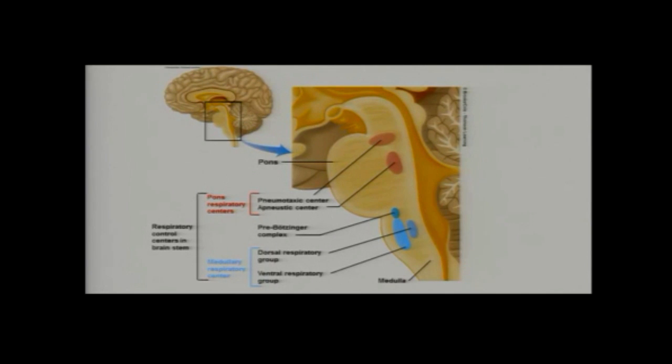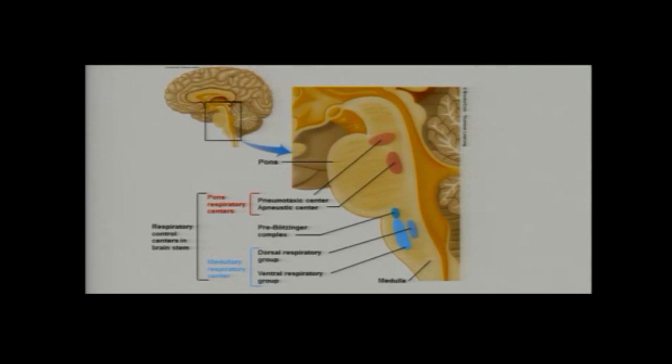Now, when you want to forcefully breathe, the direction goes from the pre-Botzinger complex to the DRG, to the VRG, to the muscles. Okay? So the DRG recruits the VRG, so you start using your accessory muscles.